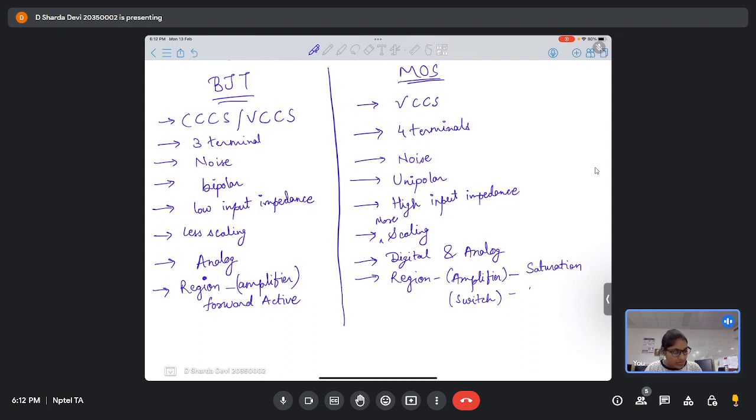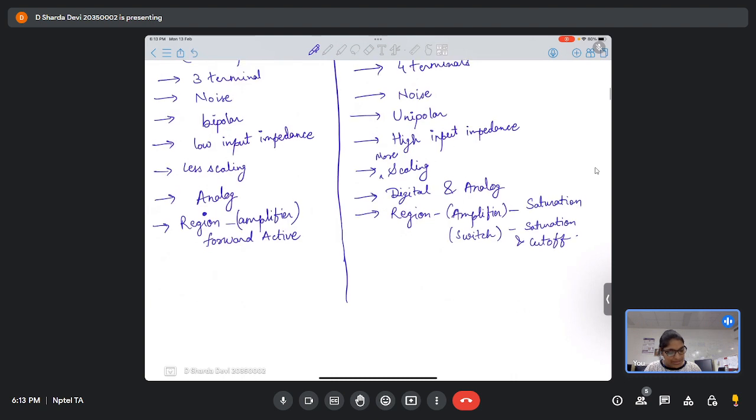And when we talk about a switch, it's saturation and cutoff, right? Okay, what else is there? If we talk about different regions in general in BJT, we have forward active, saturation, reverse active, and cutoff.